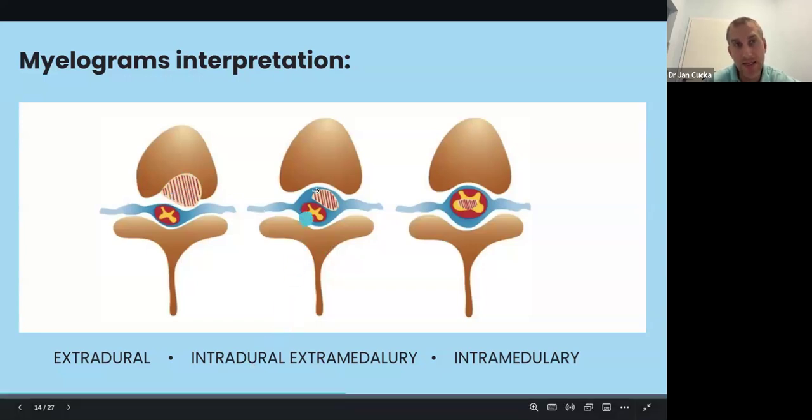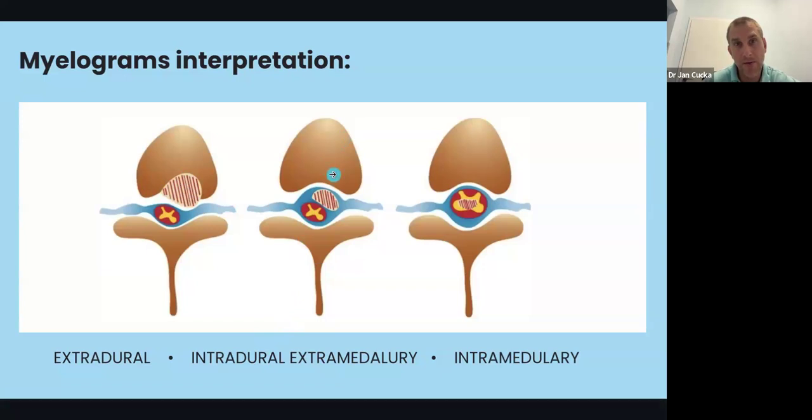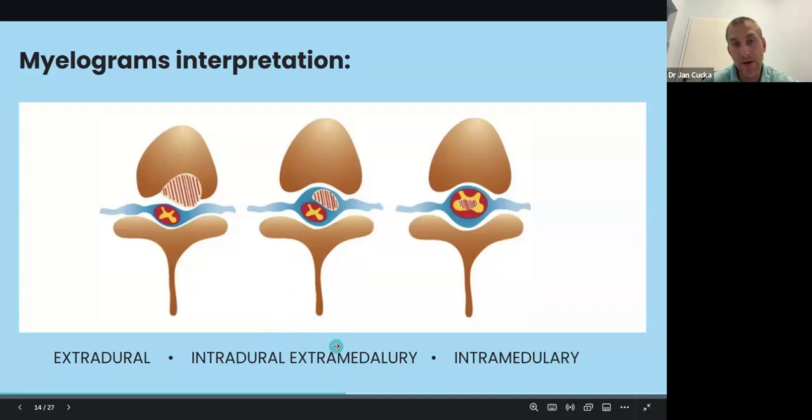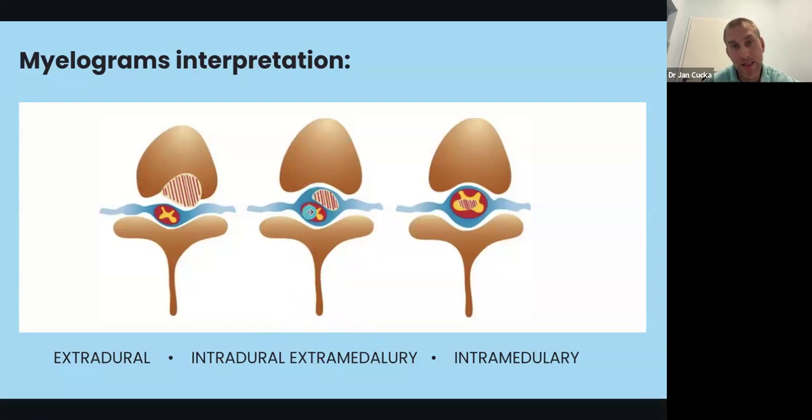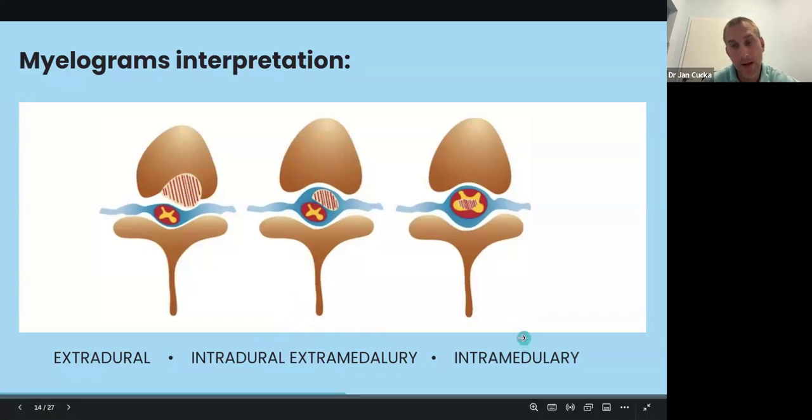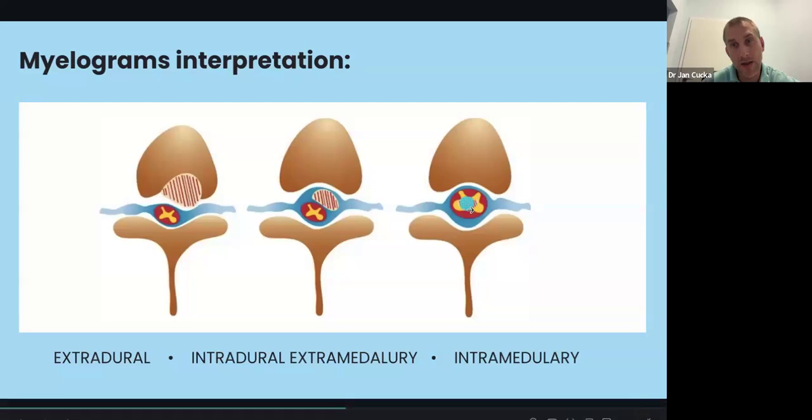The second kind of myelogram interpretation is intradural extramedullary lesion. So this is the spine, and this is an extramedullary lesion, and the third one is intramedullary. So the lesion is in the spine.